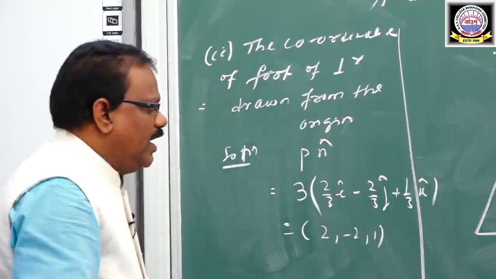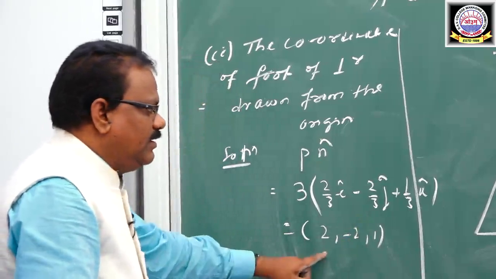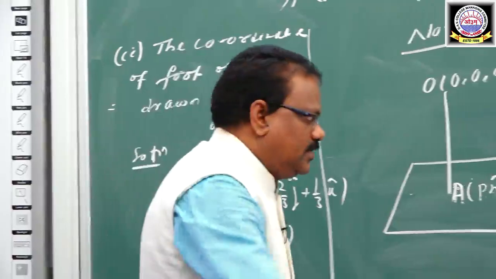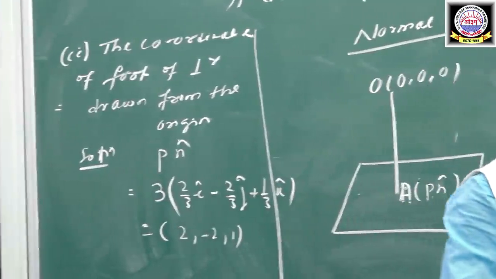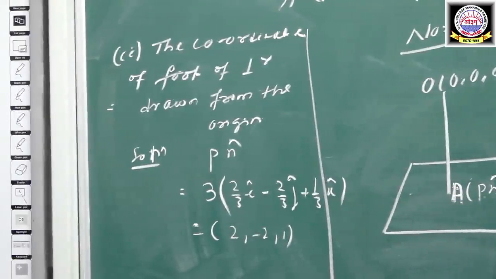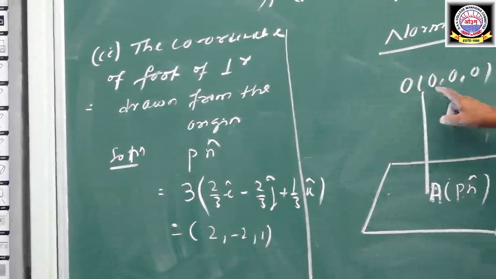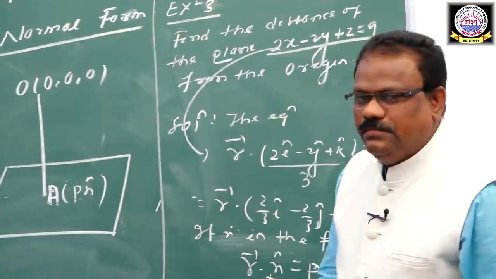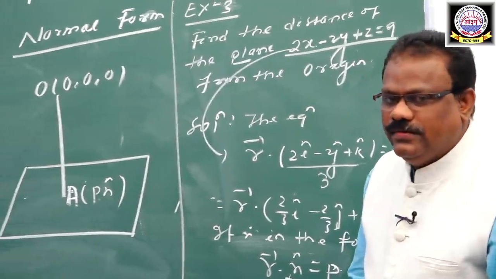Correct? 2 minus 2 1 is the foot of the perpendicular drawn from the origin to this plane, and fortunately this point and this point are coinciding, p n cap.